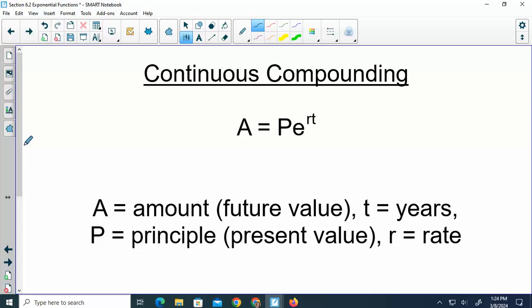It's that E button that we use. So if you hit second ln, it's got that E to the X in blue. And that is just A equals P E to the RT. A, P, R, and T are the same in both formulas. So this one just doesn't have an N. The only time you use this formula is if we see the word continuous somewhere.